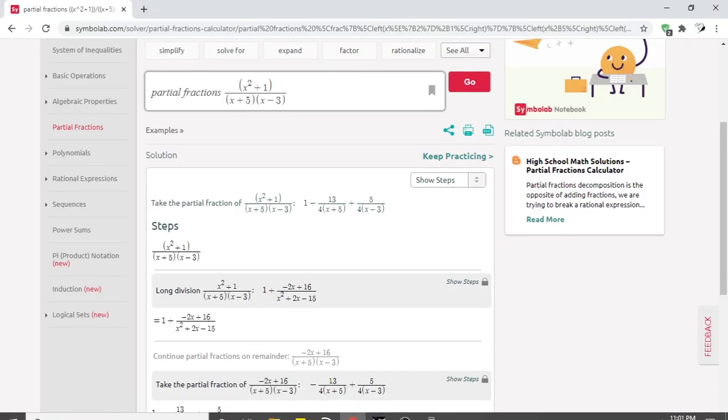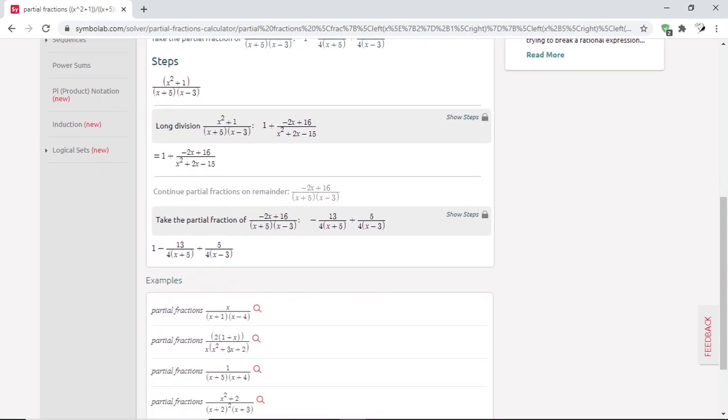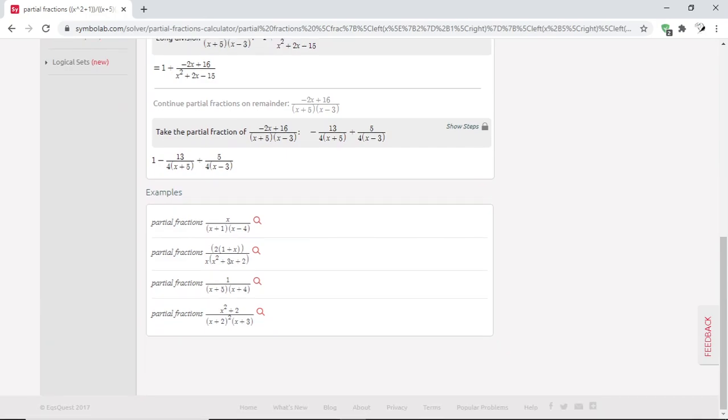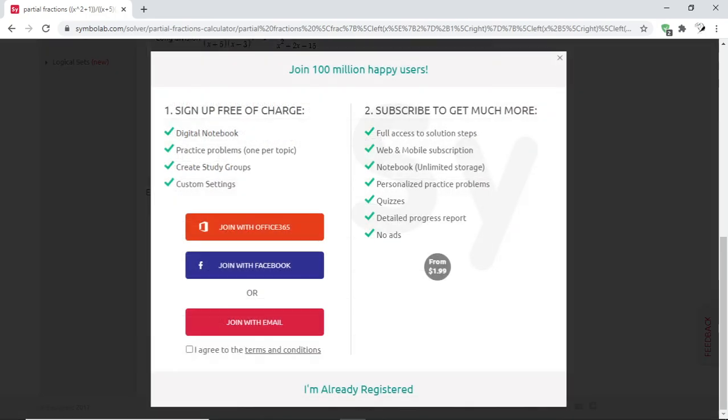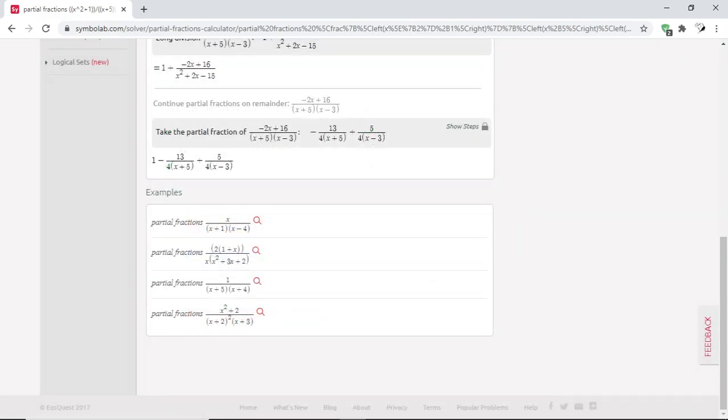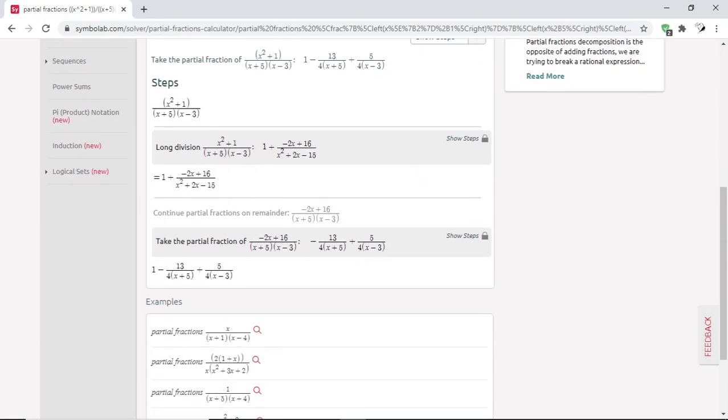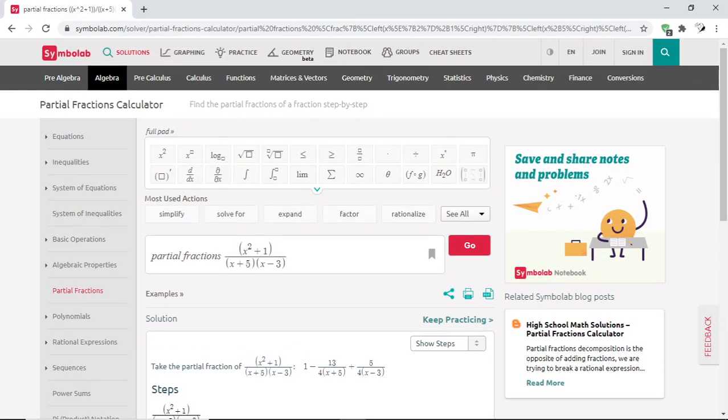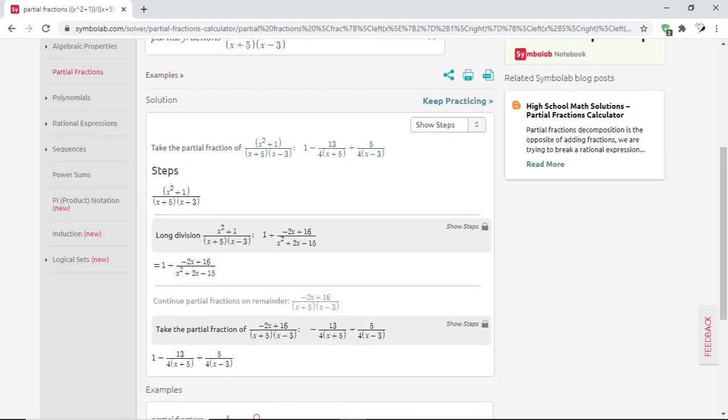As you can see, it's pretty easy to get the answer here. They haven't shown the steps, but at least it gives the answer, and I find it useful when I'm just trying to get a result rather than showing all the steps.